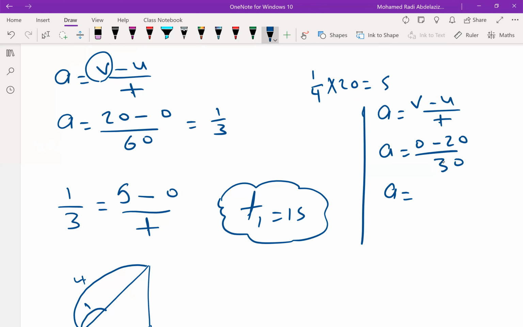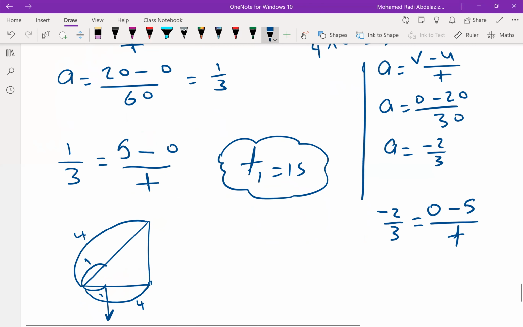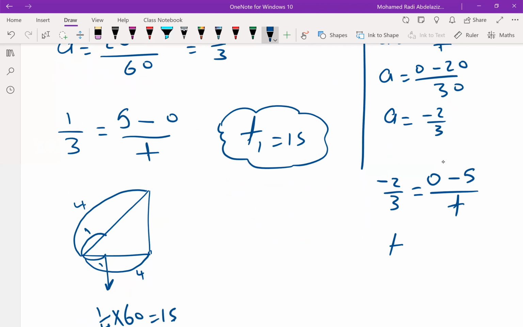So the deceleration in this part is negative 2 over 3. Apply it again. The deceleration is negative 2 over 3, the final velocity is 0, the initial velocity is 5, divided by the time t. Cross multiplication and solving the equation, you get t is 7.5.